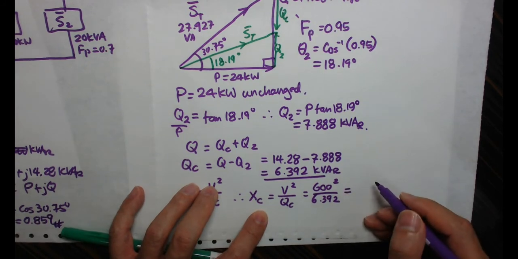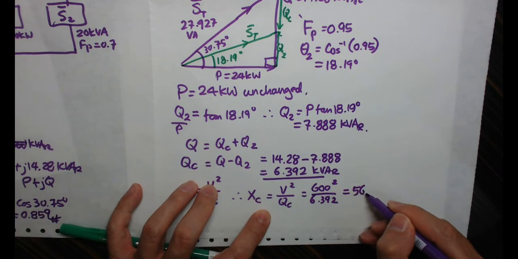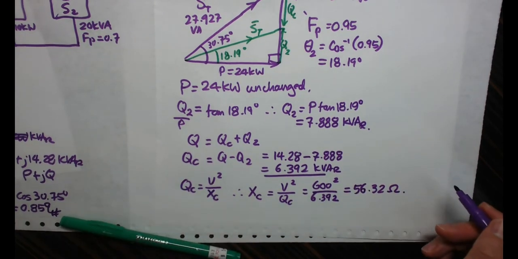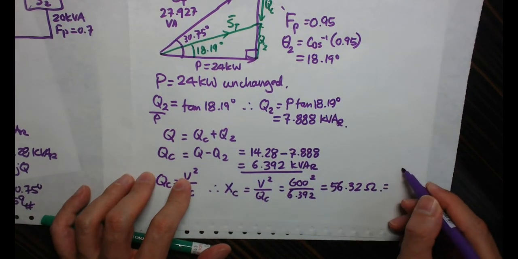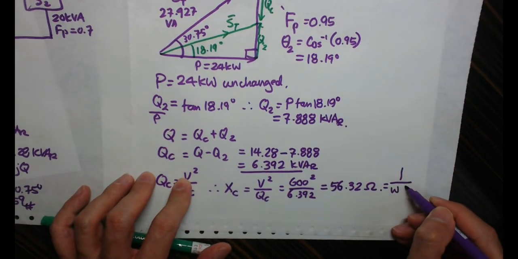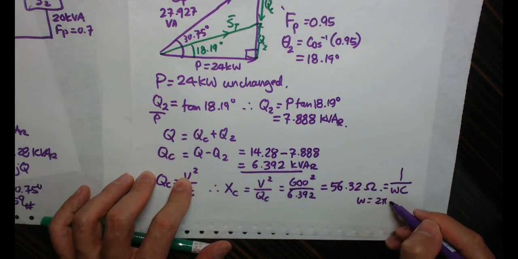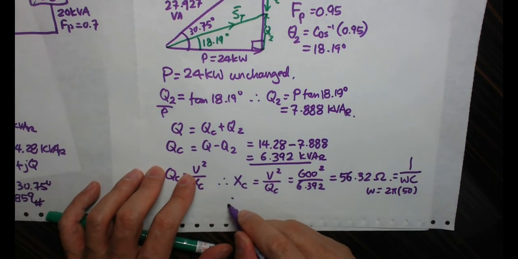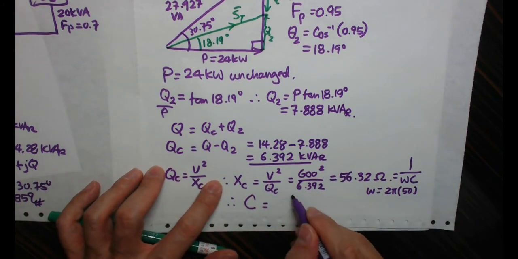That gives me an XC of 56.32 ohms. And we know that XC is actually calculated from 1 over omega C, where omega is 2 pi times frequency, or 50 Hz. Therefore, rearranging this will be C equals to 1 upon omega XC.